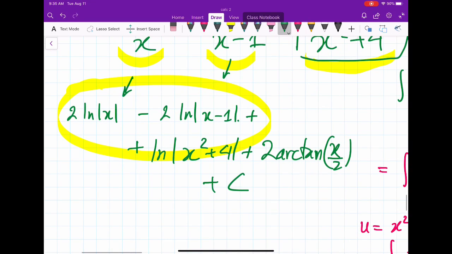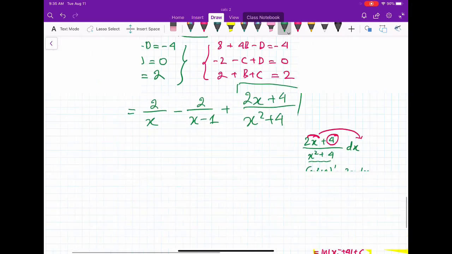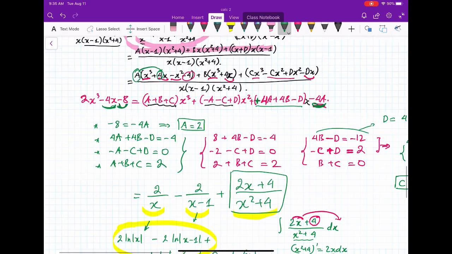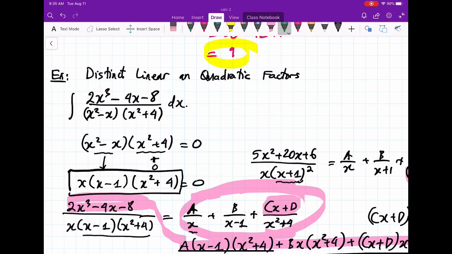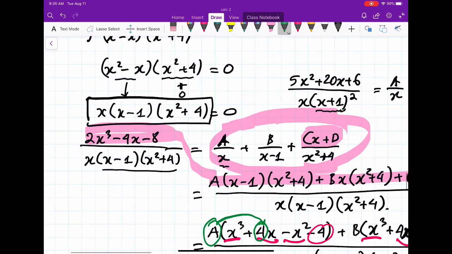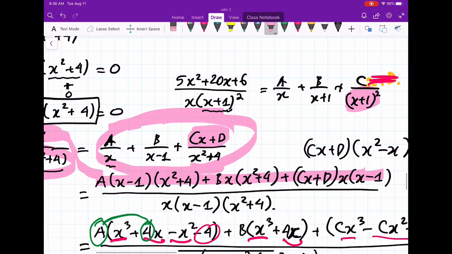You see, this is pretty long, but that's how we can solve such a problem. There are no other ways. So look at this one more time. You have a tiny integral in here. You analyze the denominator. You see, the denominator can be factored as the product of x times x minus 1 times x squared plus 4. We rewrite that in this form, right?